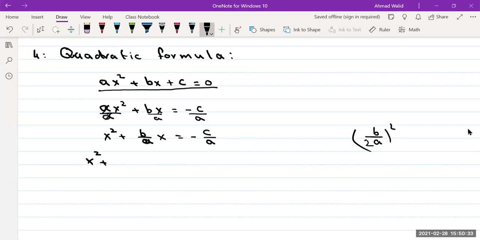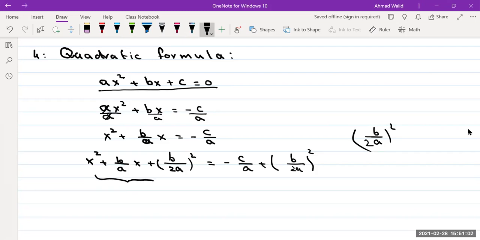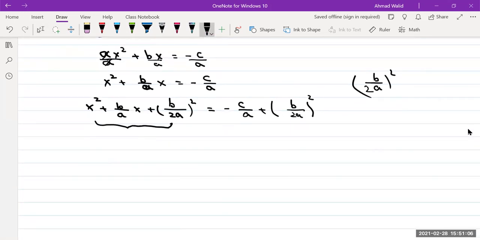Then x squared plus b over a x plus b over 2a, squared, equals negative c over a plus b over 2a, squared. The left side of the equation, I will write as one factor, correct?